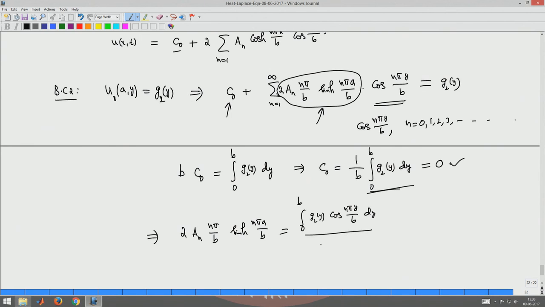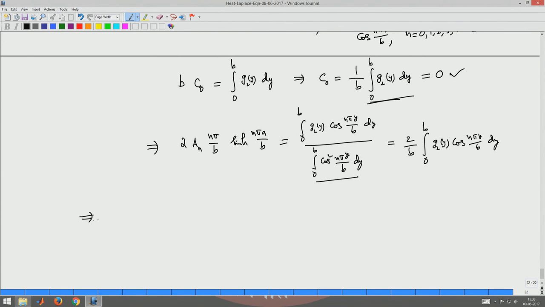That will also give me the integral from 0 to b of cos square n pi y by b dy. This is because this value is b by 2. So you have 2 by b times the integral from 0 to b of G2 of y cos n pi y by b dy.